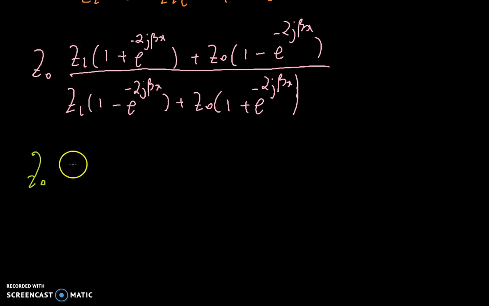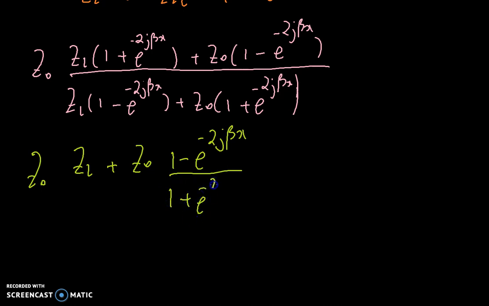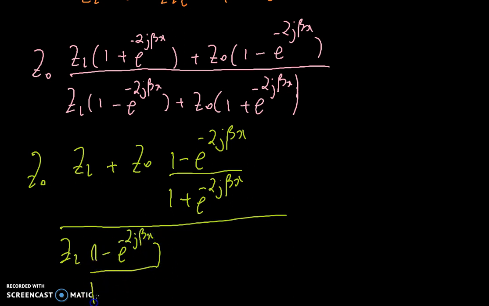I have 4 minutes left for the video, so this is ZL, we divide top and bottom by this term, plus Z0 times 1 minus e to the minus 2j beta x divided by 1 plus e to the minus 2j beta x, divided by ZL times 1 minus e to the minus 2j beta x divided by 1 plus e to the minus 2j beta x, plus Z0.